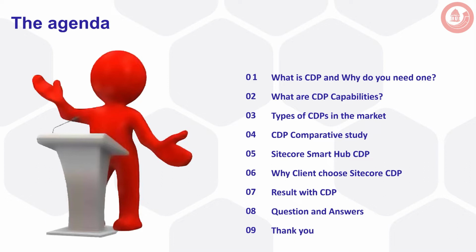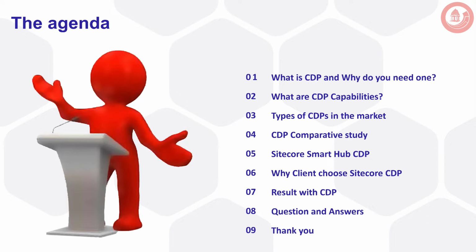Firstly, I'll start with some introduction of CDP, what it is, what the capabilities of CDP are, and then we'll move on to the available CDPs in the market, and we'll have some comparative study on those platforms after that.